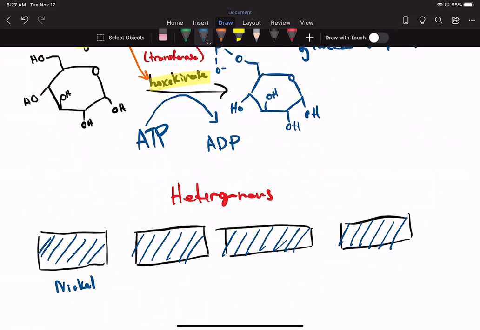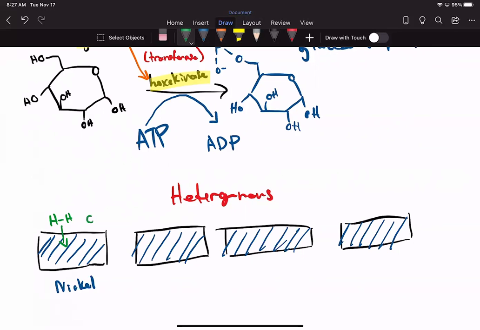So what happens here is let's take some hydrogen gas, and it's going to absorb onto our material here.